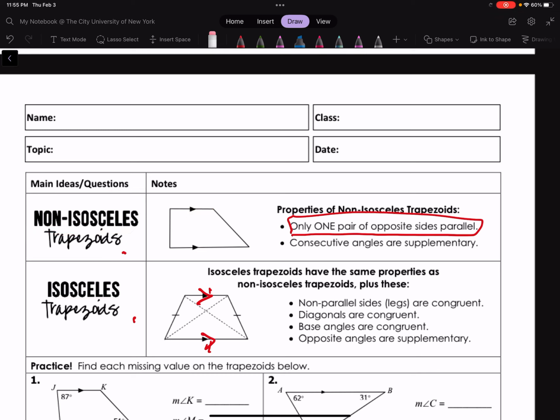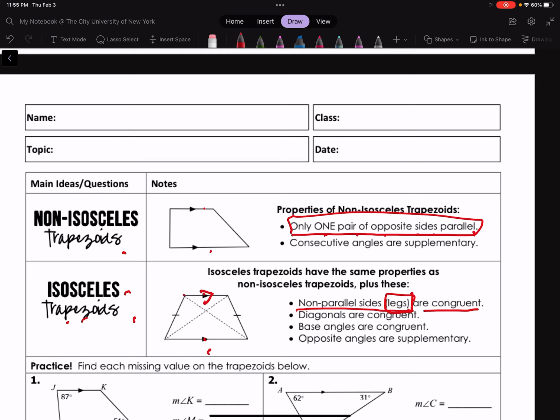Now if you look at this figure, that's what they refer to as non-isosceles. The property is that only one pair of opposite sides is parallel. For an isosceles trapezoid, there is also one pair of parallel sides, but the only difference is that the non-parallel sides, which are usually called legs, are congruent.